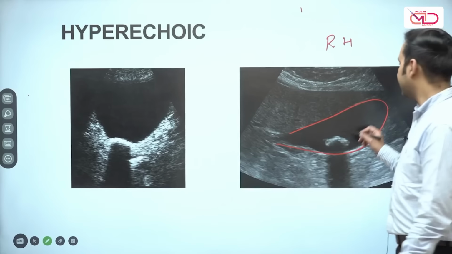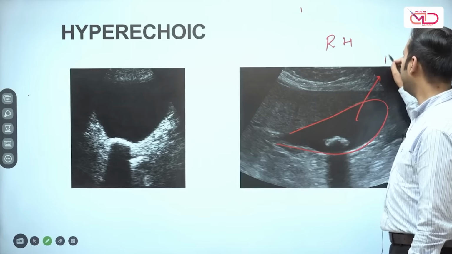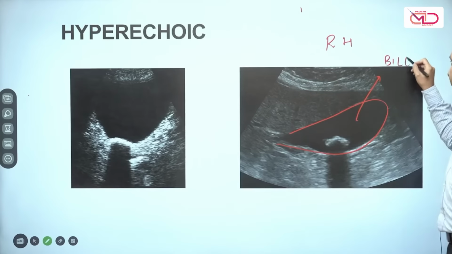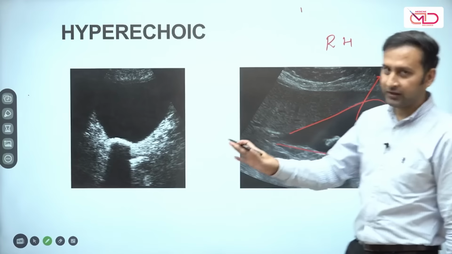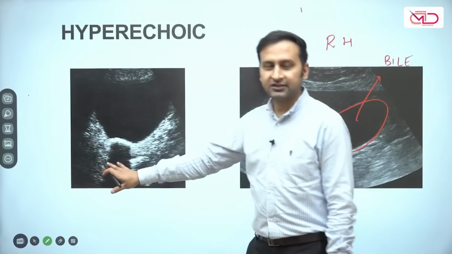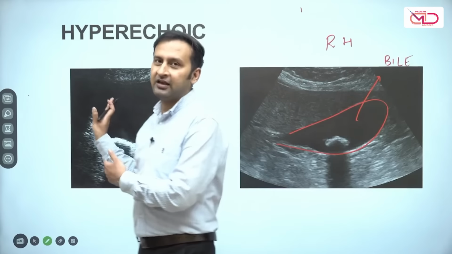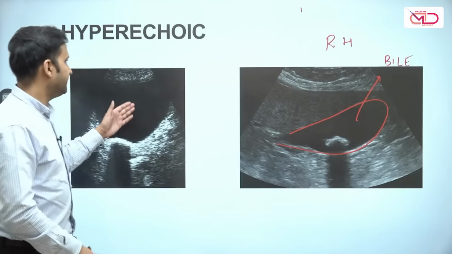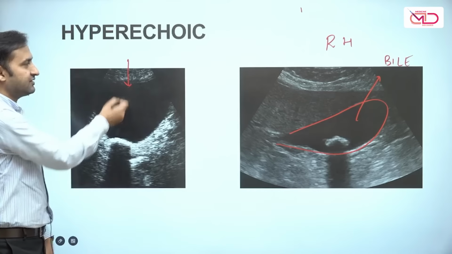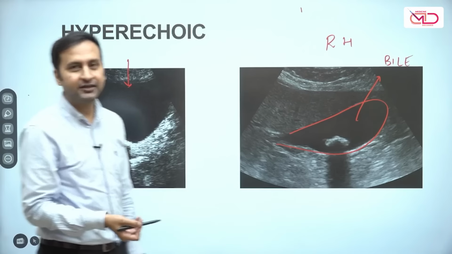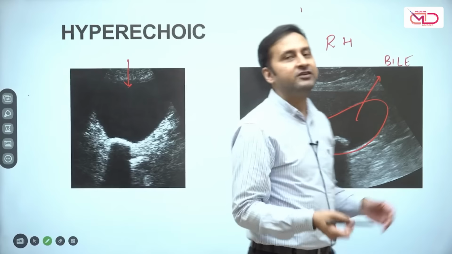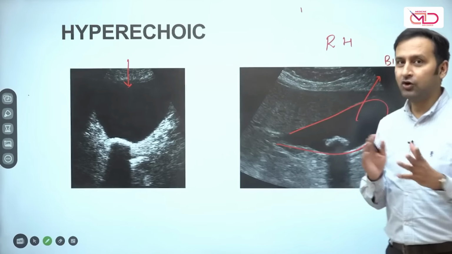Now this gallbladder contains fluid. Fluid is bile. Bile is anechoic, so this is definitely going to be anechoic. On the other hand, we just saw in our previous slide that a quadrilateral structure present just beneath the skin surface is nothing but a urinary bladder which contains fluid because it contains urine, which is completely anechoic. But that's not all.